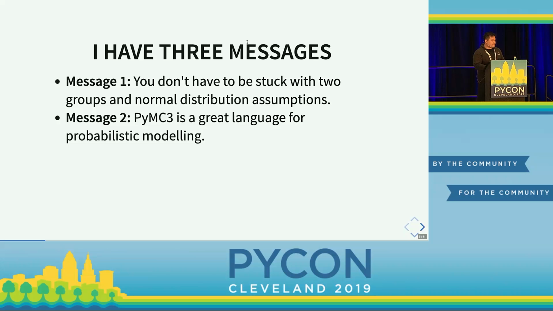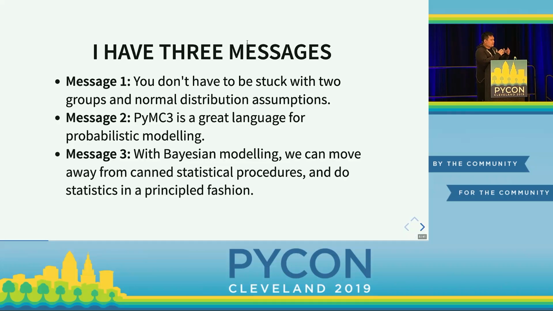Python, and more specifically PyMC3, is a really great language for probabilistic modeling and for doing your stats in a principled fashion. And that's the third point, that with Bayesian modeling, we can move away from these canned statistical procedures that have been handed to us in our university classes and our university stats education, and finally start doing stats in a more principled fashion, all right?